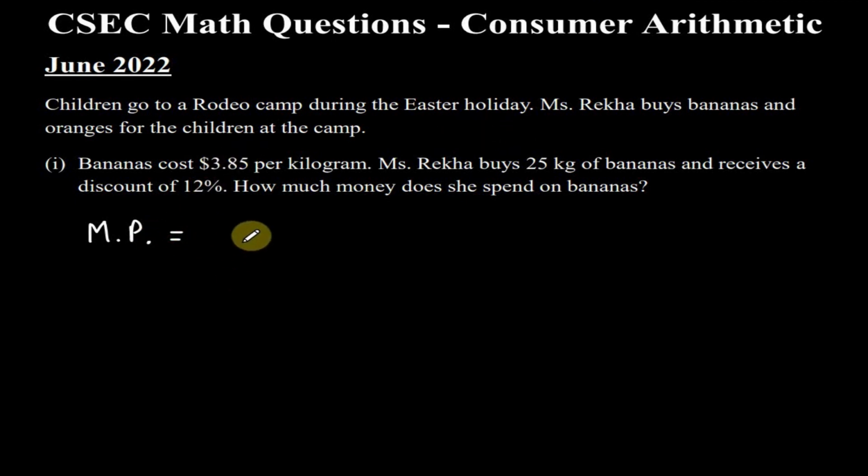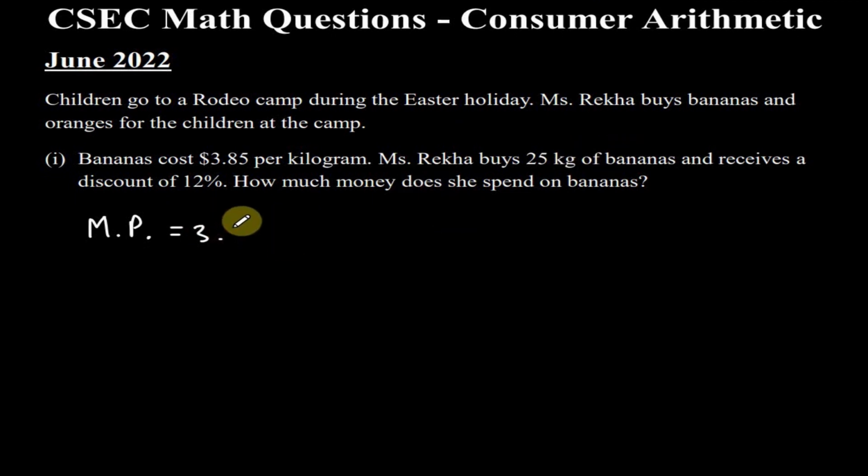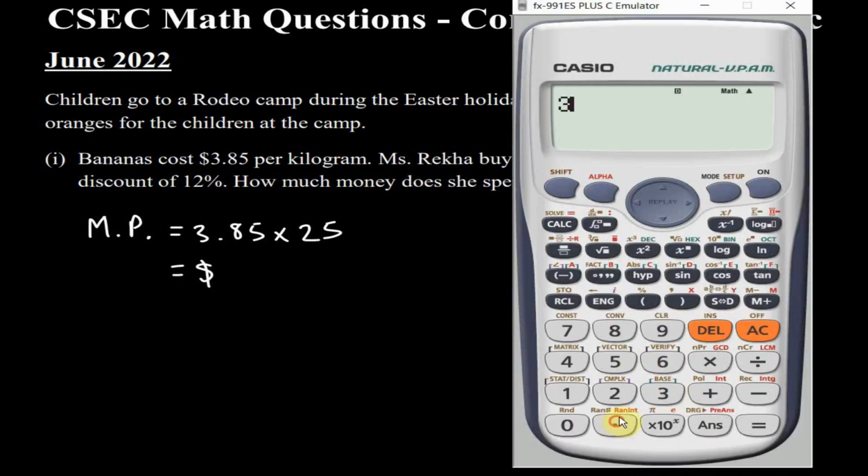So we know that she spends $3.85 per kilogram, and she's buying 25 kilograms of bananas. So it will be $3.85 times 25, which is equal to, and I'll use my calculator here to aid me.